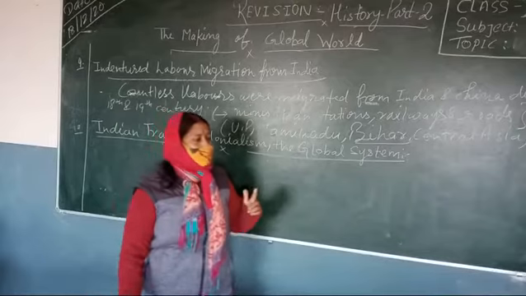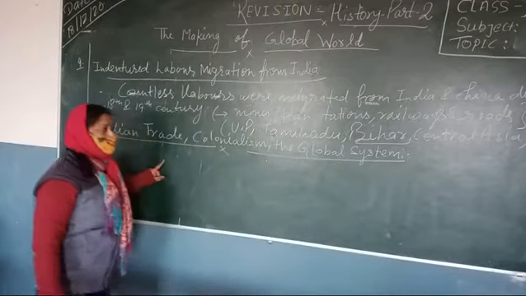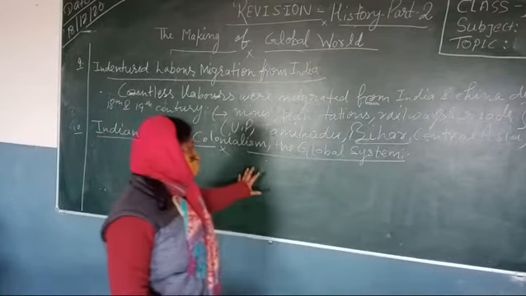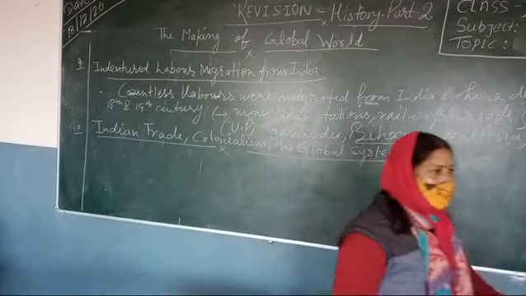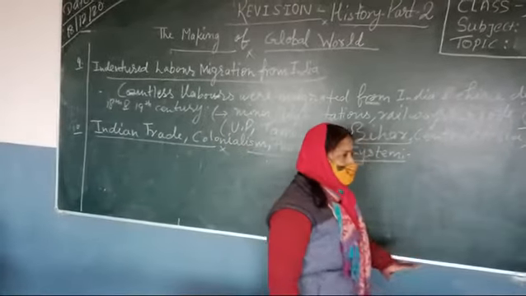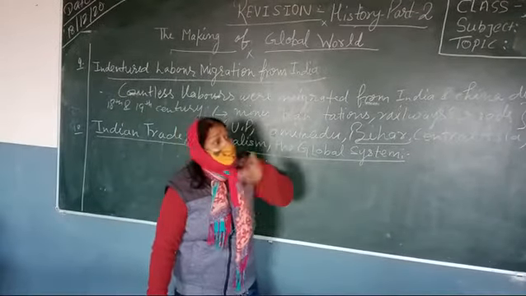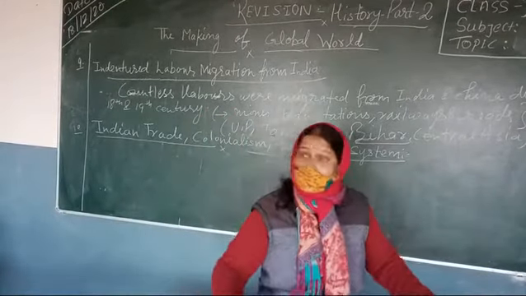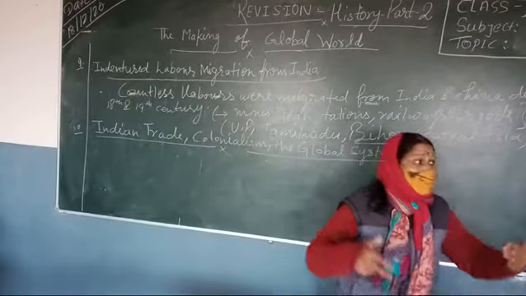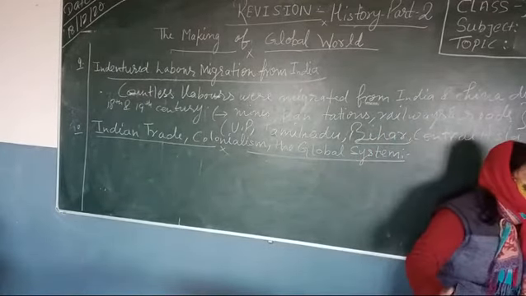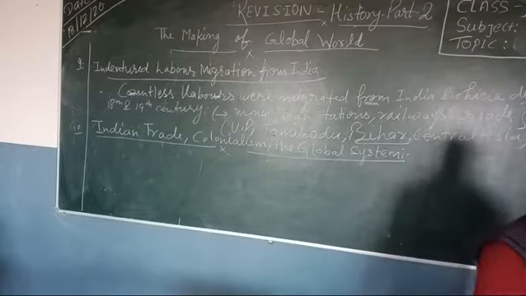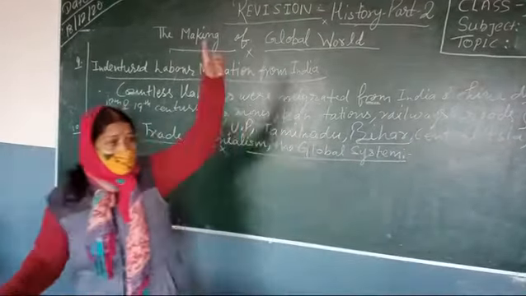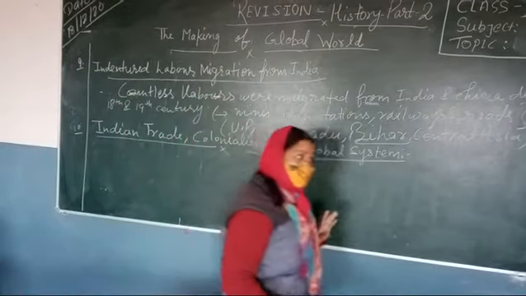So what the Britishers have done, how the world economy, the global system, has changed in trade: during the 18th and 19th century, the Britishers exploited, they forced the farmers to produce more and more cotton fiber in the agriculture field, but they didn't allow the Indian textile makers or merchants to use this cotton fiber to prepare clothes in the nation, because all the cotton fiber was exported to the Manchester textile industry of the Britishers in England.